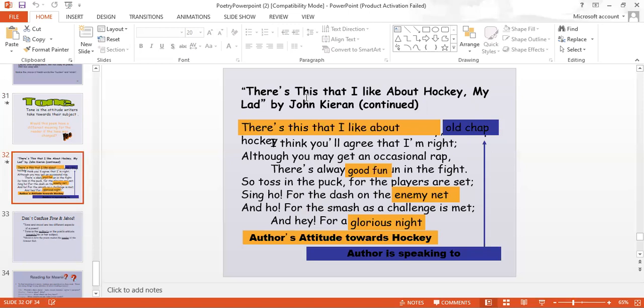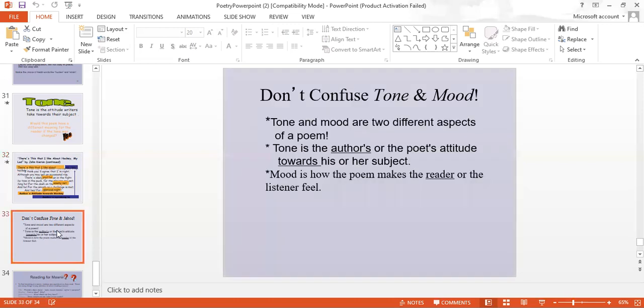Author's attitude towards hockey. So we're just talking about the author's attitude towards hockey. In yellow, that's where you see the tone of the person. So don't confuse tone and mood. It often confuses, right?